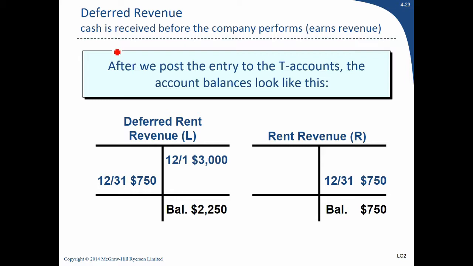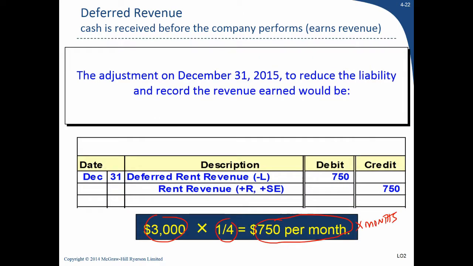After we post, remember we post the journal entry to the T accounts. Here's how the account balances look. Notice how on December 1st it was $3,000 credit balance, no rent revenue. We debit deferred rent revenue for $750. There's that balance, right? $2,250, which you should be able to calculate just based on this. You know that you now have 3 months left, right?